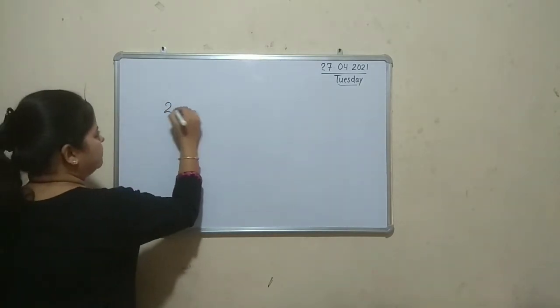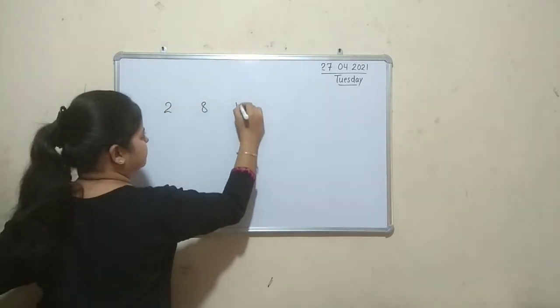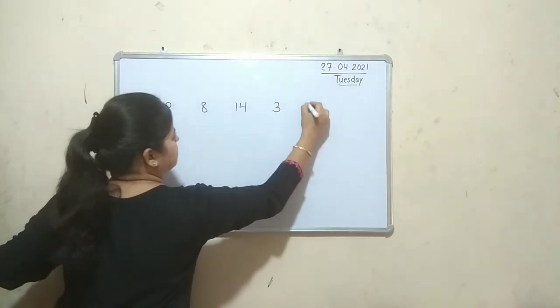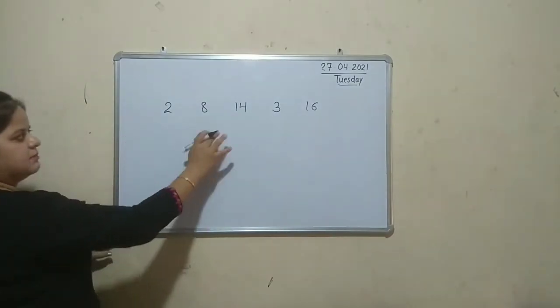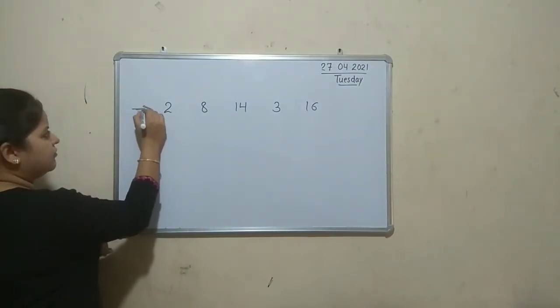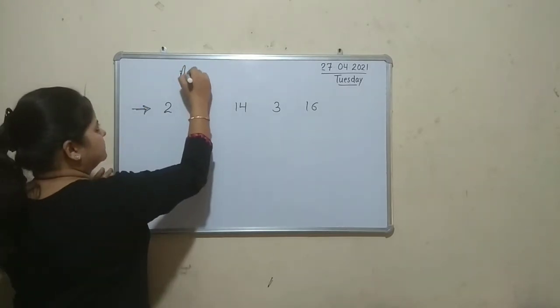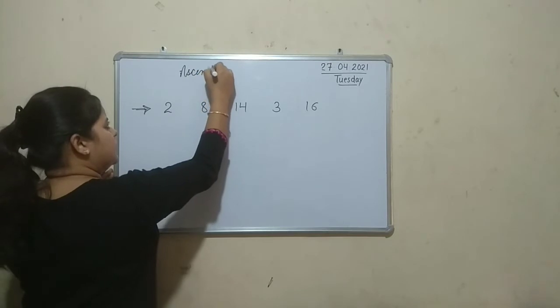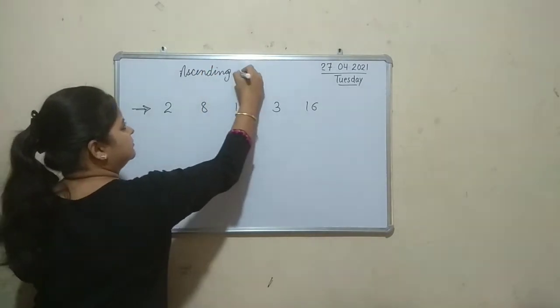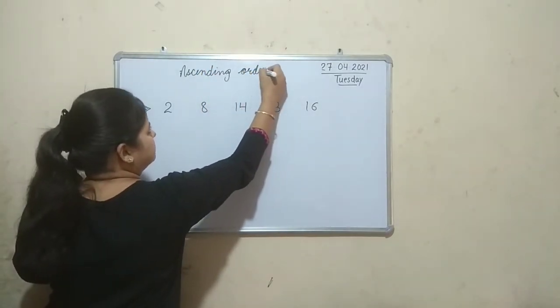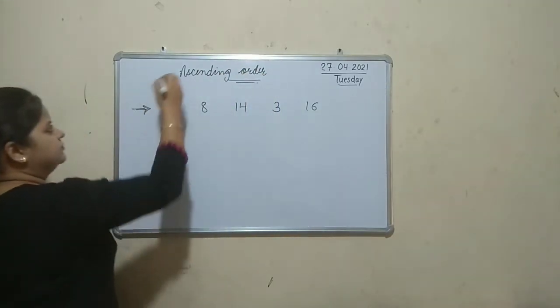So now here we have 2, 8, 14, 3, 16. These numbers here, and we have to arrange them in ascending order. What is ascending order?